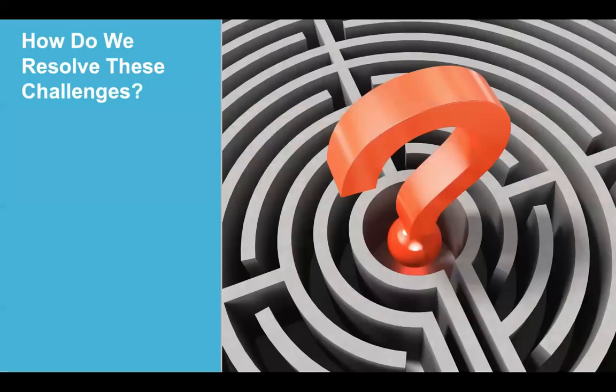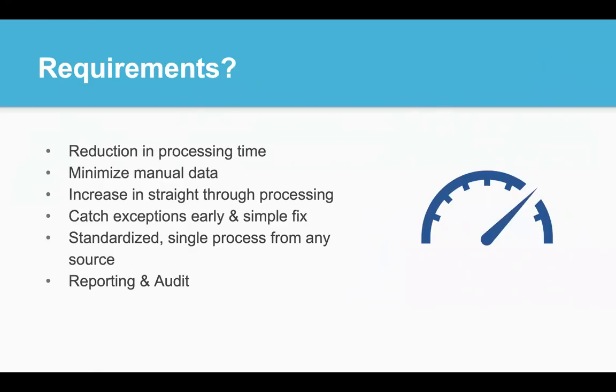The good news is, with today's technology, there's a number of solutions that can be combined to not only solve all these challenges, but do so affordably with a rapid return on investment. So to solve these challenges, what do we need to do? Obviously, reducing the overall processing time is a main priority and tops the list. This can be accomplished by minimizing manual data entry and working to increase straight-through processing of invoices.